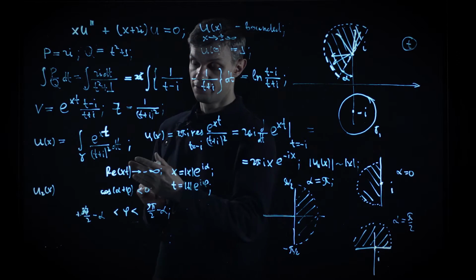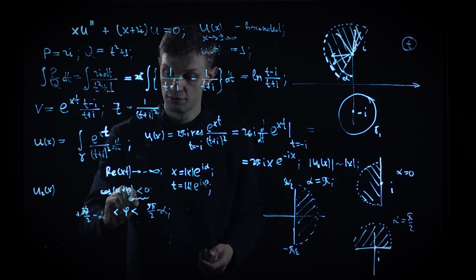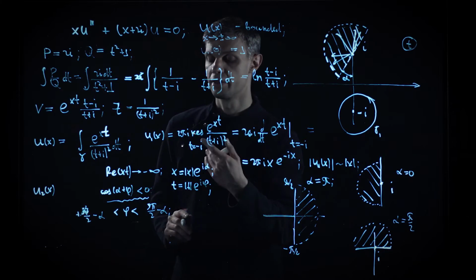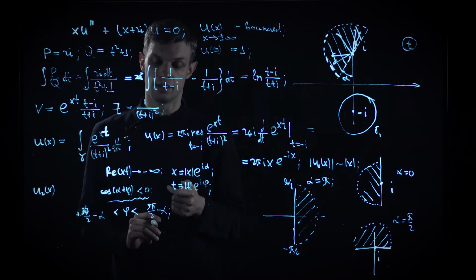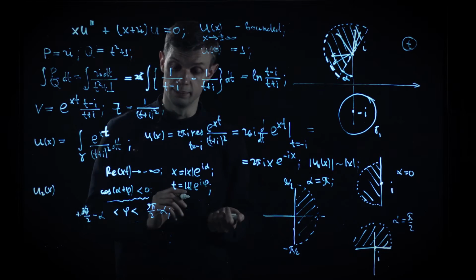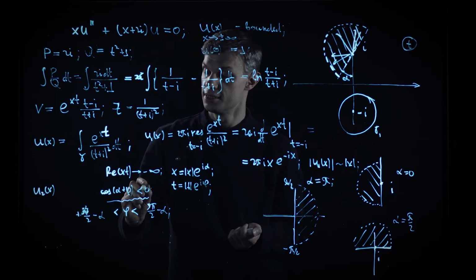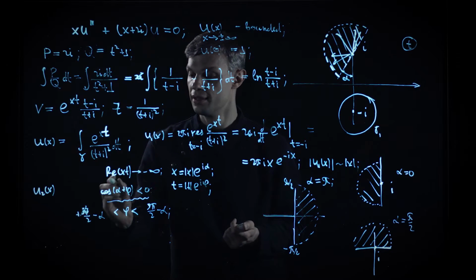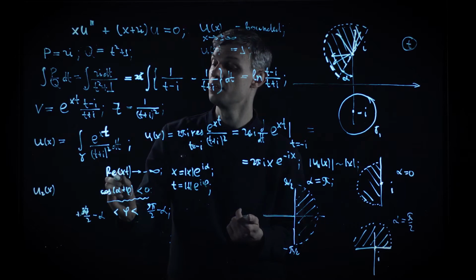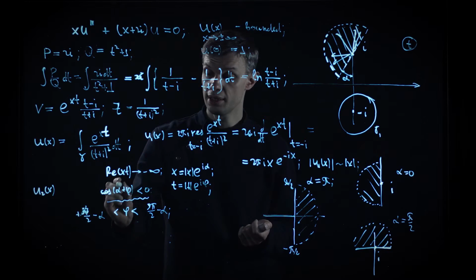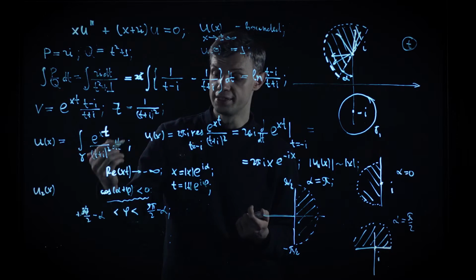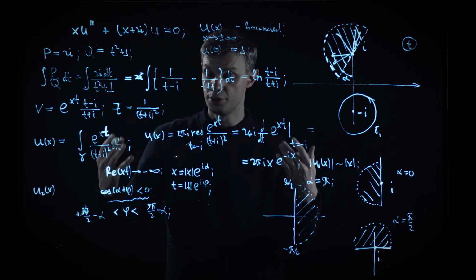So we have this condition for the allowed values for our phi angle. However, the steepest descent direction is defined by the least possible values of the real part of the exponent, namely when cosine of alpha plus phi is the least possible number.